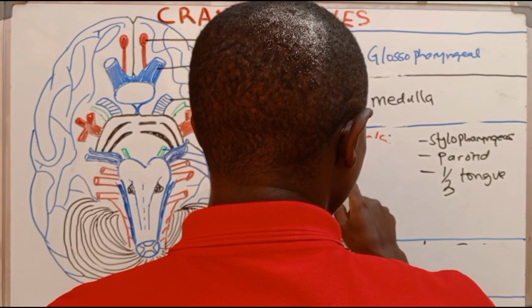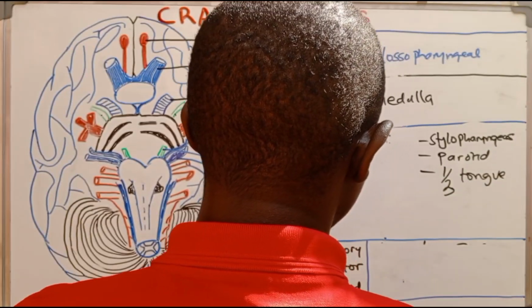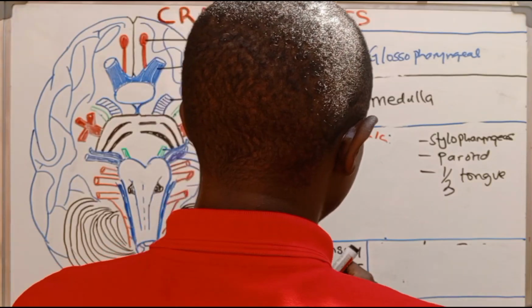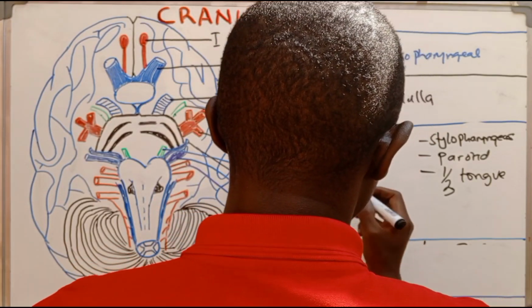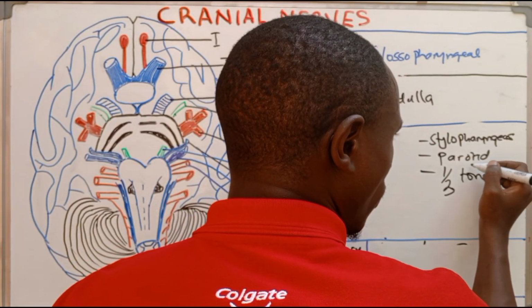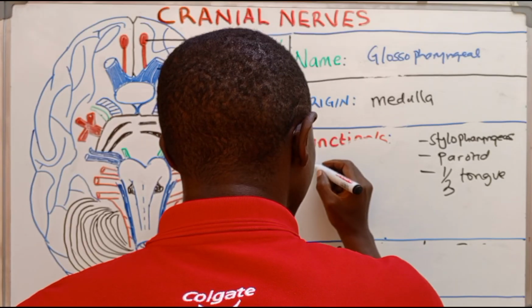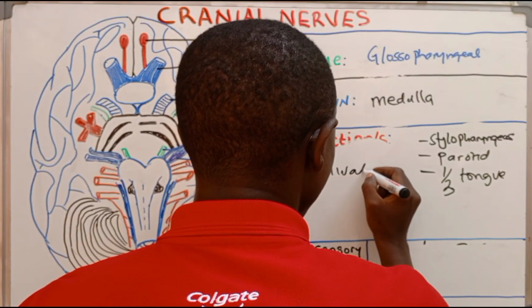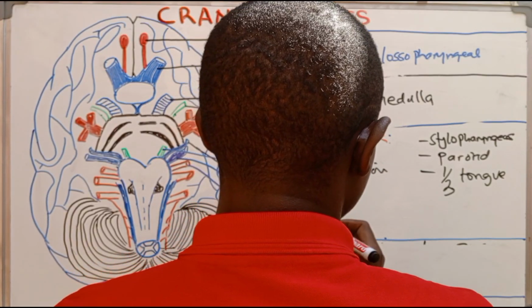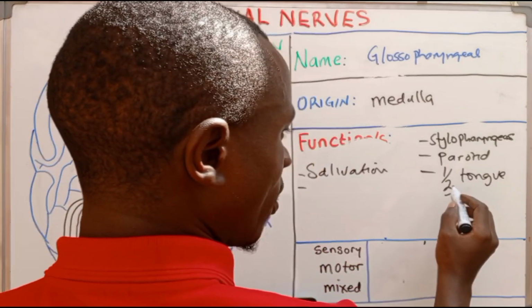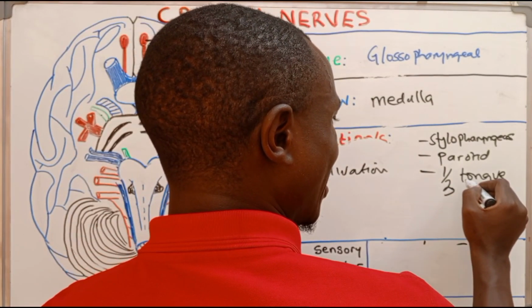So in that way, the function of this cranial nerve number 9 is that it is going to be supplying the parotid gland. It's going to be helping in the salivation process, because it's also supplying the posterior third of the tongue.